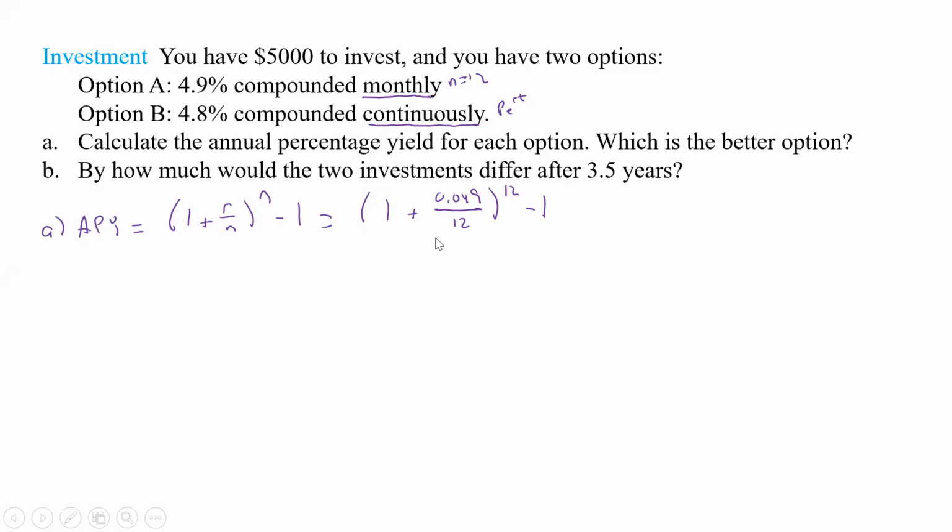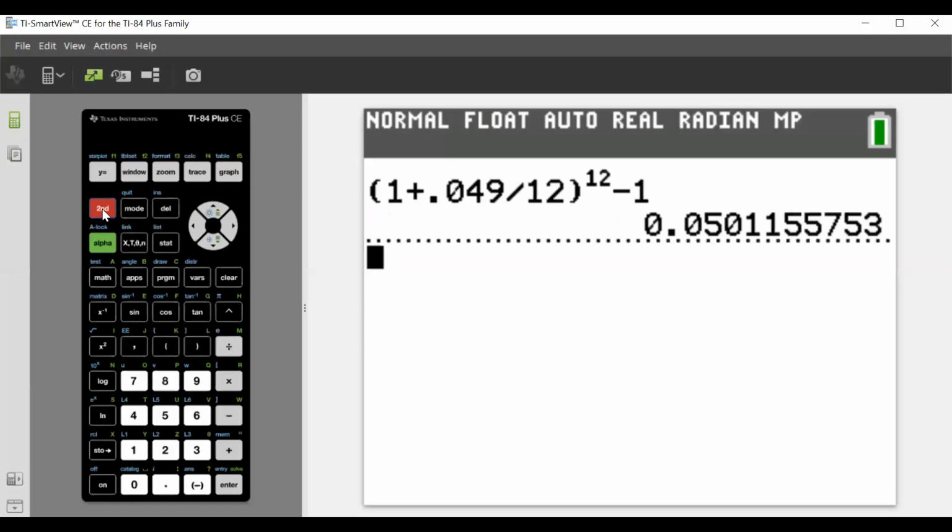So we have 5.01%. All right. Well, for the other one, APY, well, remember on this one, we said that was e to the r minus 1. So here we're going to have e to the 0.048, minus 1. And we plug that into our calculator. So we have e to the 0.048, arrow down again, minus 1.